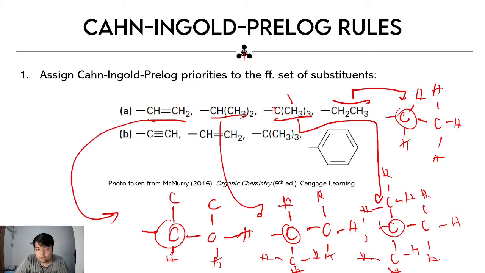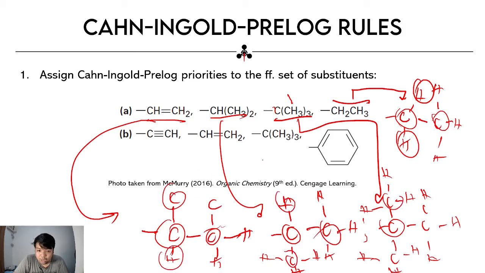So they all have the same atom, and we need to move on to the atoms directly attached to the first atom. So we have 2 hydrogens and 1 carbon here, 2 carbons and 1 hydrogen here, 2 carbons and 1 hydrogen, and 3 carbons. Obviously, since this is 3 carbon atoms, this is only 2, 2, and 1.